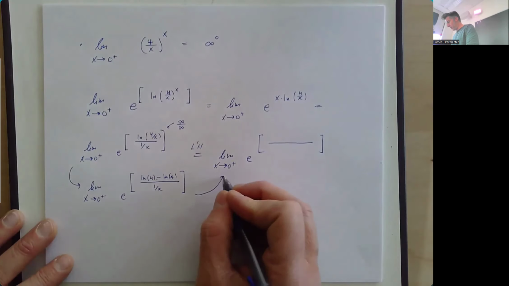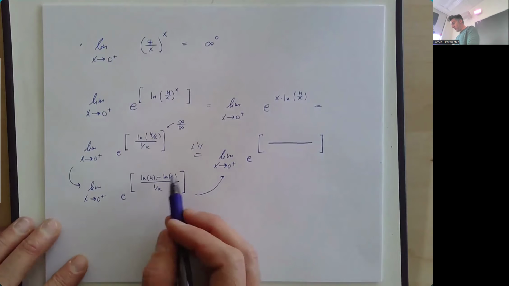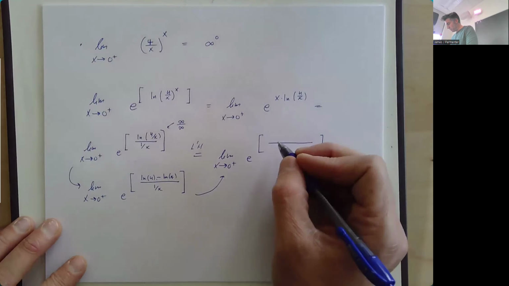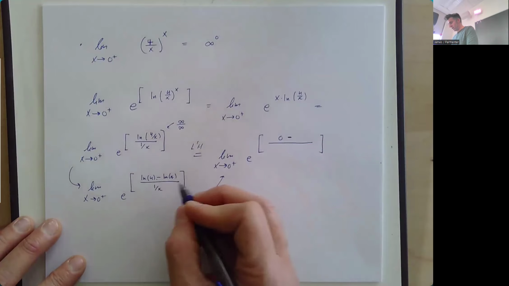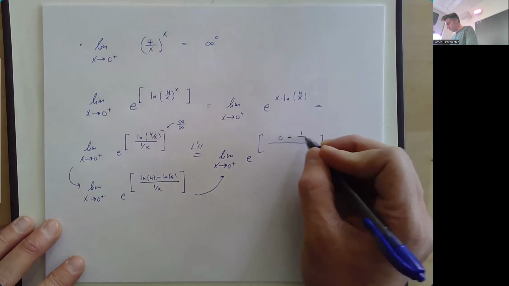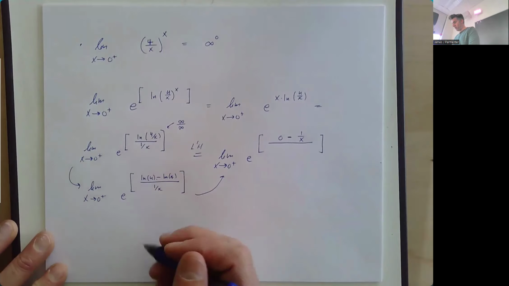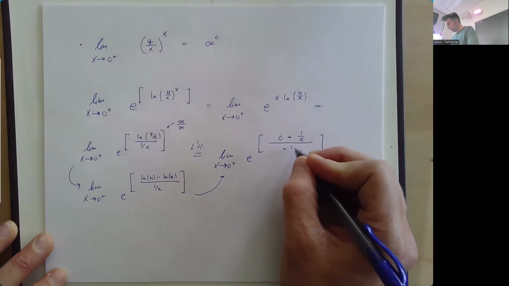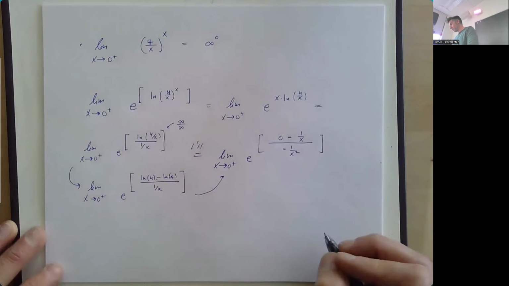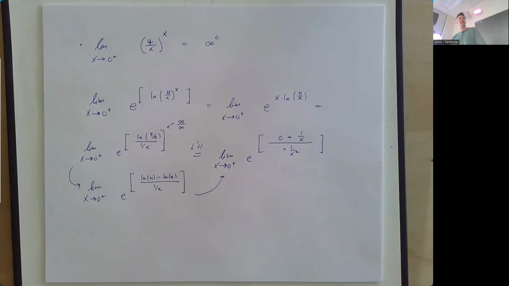And now we can go up here and say, okay, the derivative of the top is going to be 0 minus the derivative of the natural log of x, which is 1 over x. And the derivative of the bottom, the derivative of 1 over x, is negative 1 over x squared. I will say the derivative of 1 over x comes up often enough that you should just get used to saying, oh yeah, the derivative of 1 over x is negative 1 over x squared.